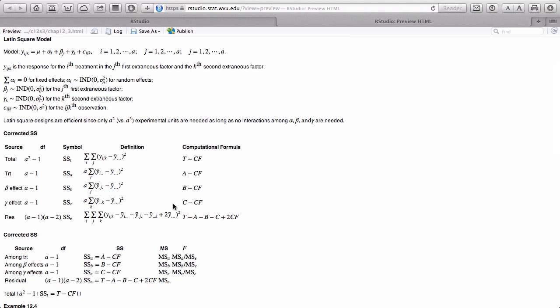You have a treatment and two sources of variability. The reason it's called a Latin square is because it is square. You can think of it as a square divided into, let's say, 4 rows and 4 columns. Now let's say that's a piece of land in an agricultural setting, and this is where this came from.